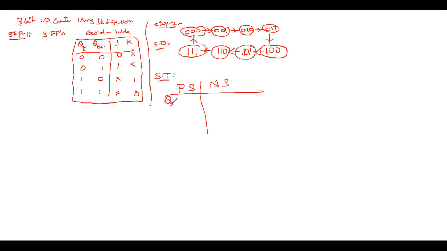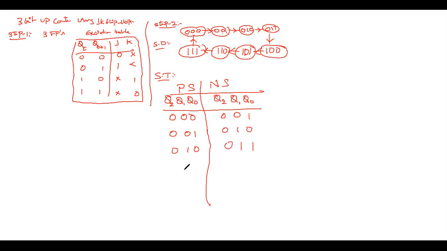We have Q2, Q1, Q0, meaning 3 bits. Present state 000, next state 001. Present state 001, next state 010. Present state 010, next state 011. Present state 011, next state 100.